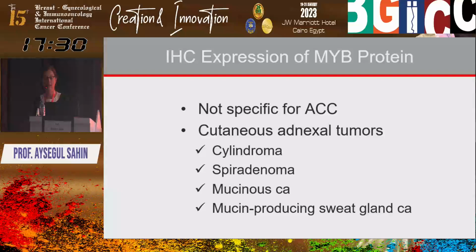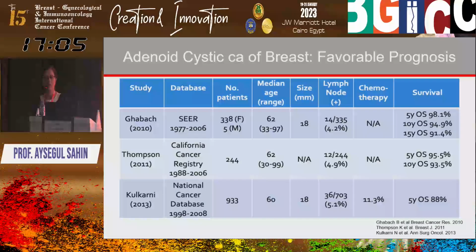And we have had cases coming in as a chest wall mass or breast mass, and it turned out to be a cylindroma. So when we have small biopsies, we have to make sure that the lesion is in the breast, and we cannot make the diagnosis based only on MYB protein expression.